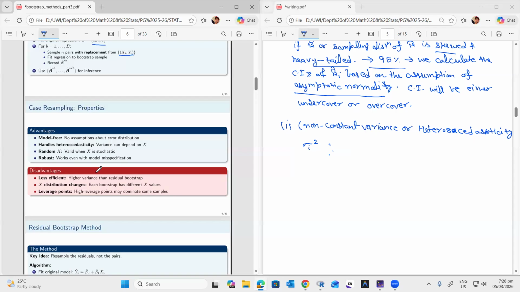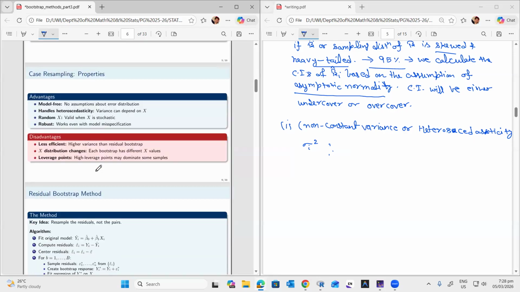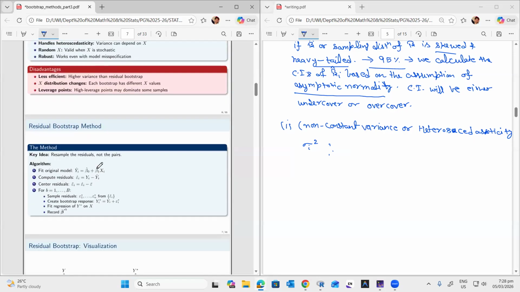That is one thing, and after that we have the residual one. In that one, we are going to assume the error epsilon, and we just generate the error again and again. So what we do here is fit the model once to get beta naught cap and beta 1 cap, and the residuals epsilon i cap, which we compute from yi minus yi cap. All right.